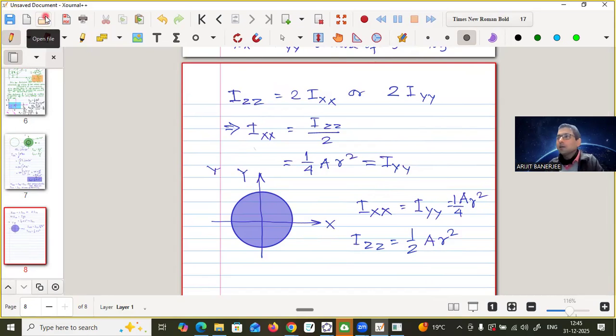Regarding moment of inertia, any more classes needed? Then we can take a different class on the next day. And also one problem I will try to solve in a video. That is the problem of the intersection of the parabola, assignment 2. That problem I will solve in one class, maybe after the vacation.